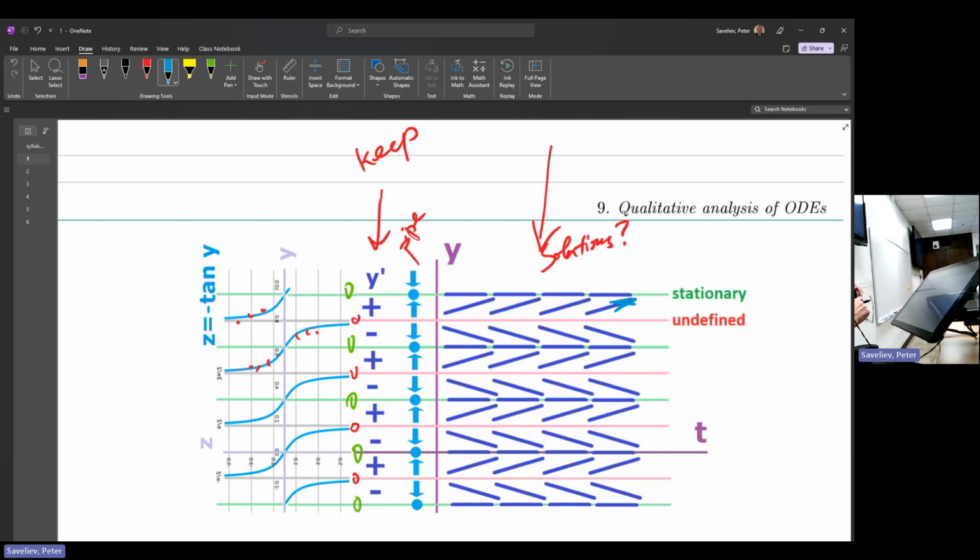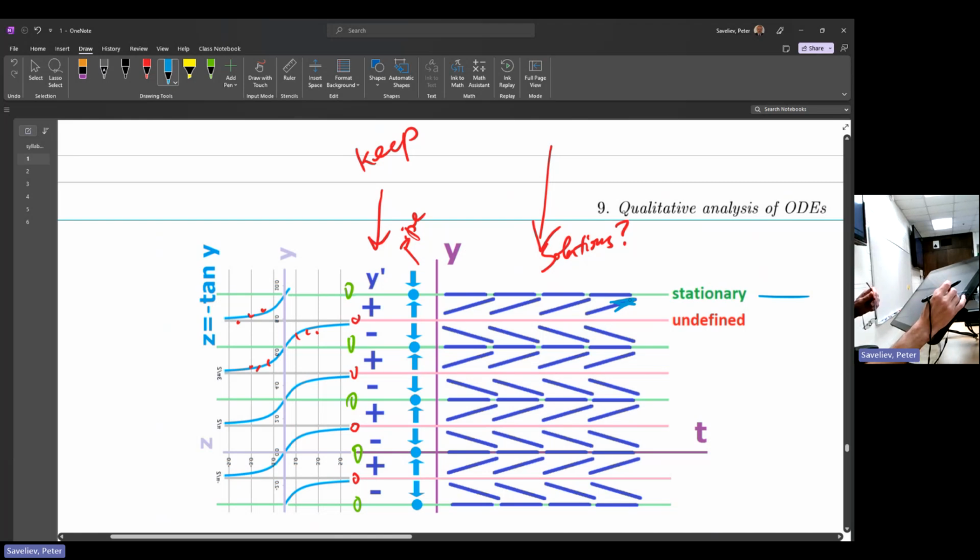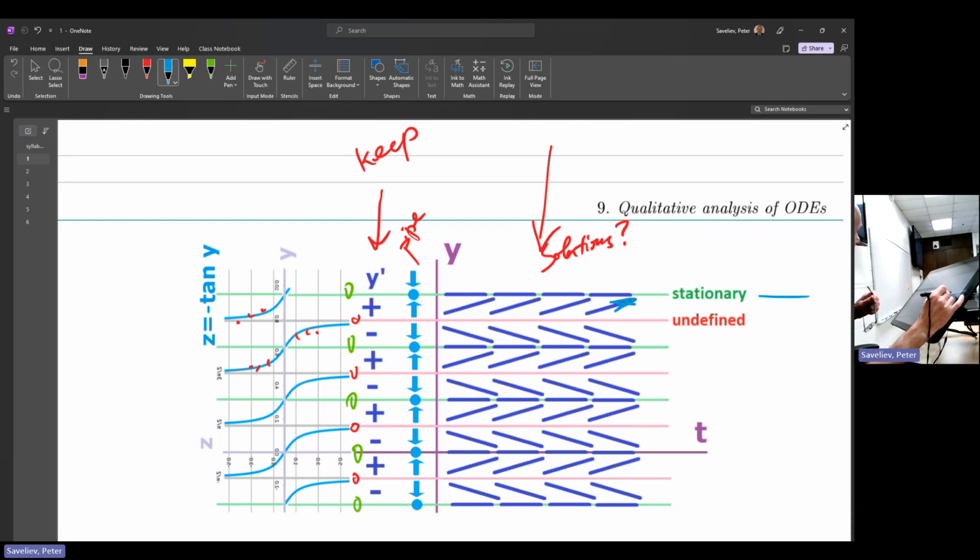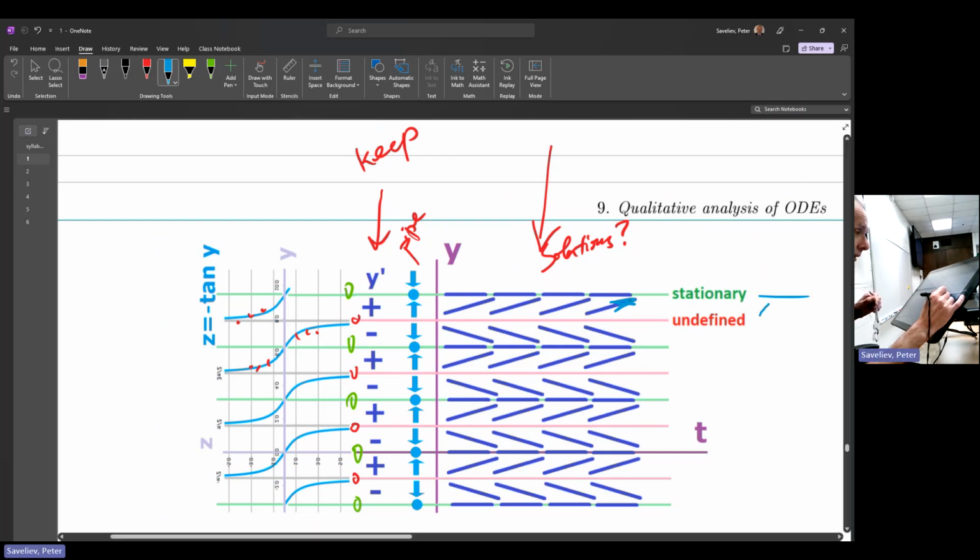Well, are you saying it will become stationary? Yeah. So exactly stationary or approximately stationary? Okay, exactly. This is exactly. Okay.